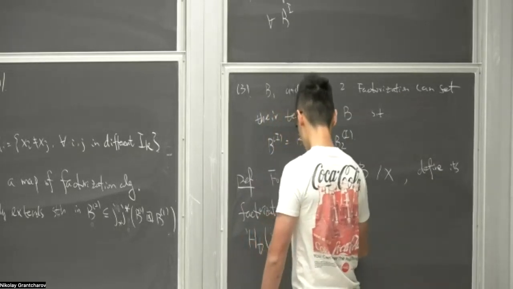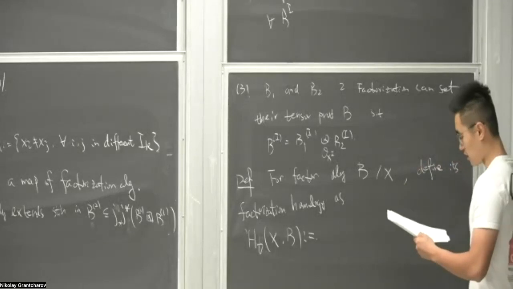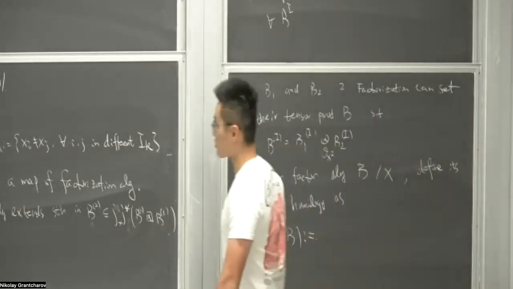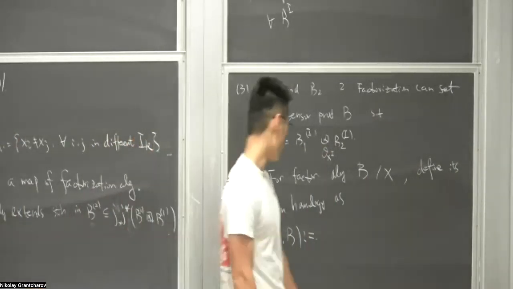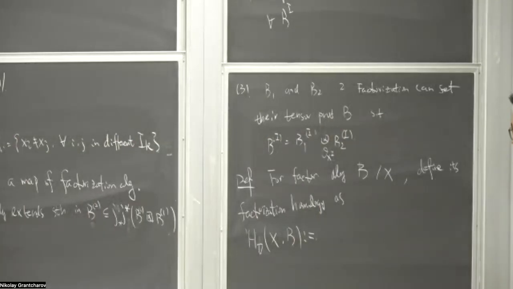We want it to have a D module structure. If you think about it as a classification over the Ran space, it also has a D module structure over the Ran space, whatever that means.